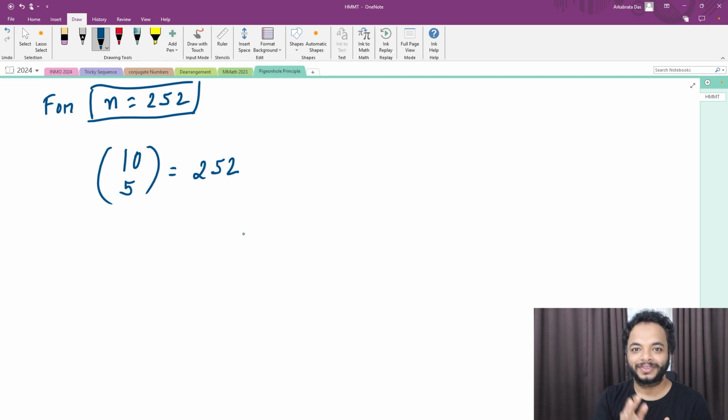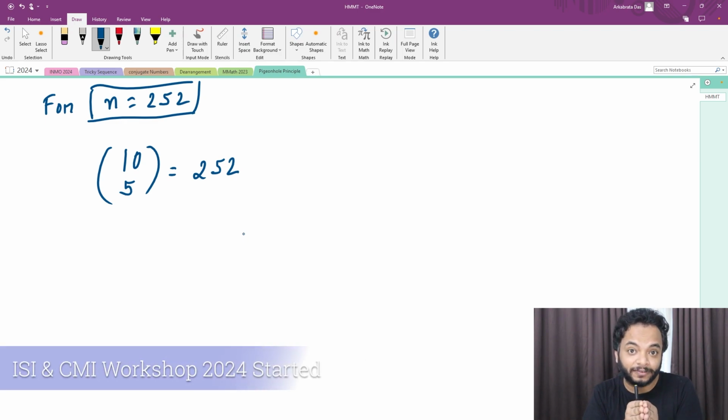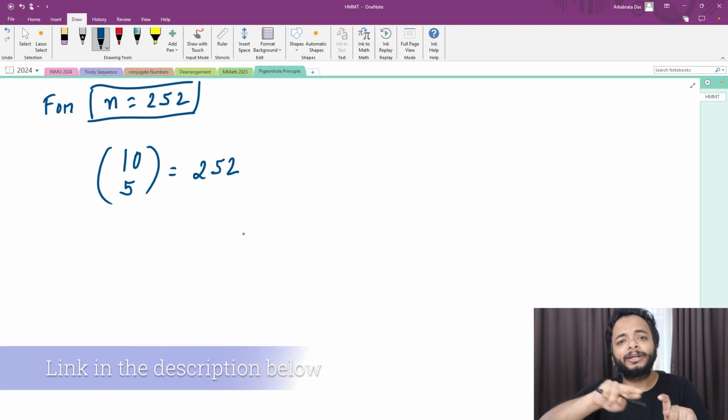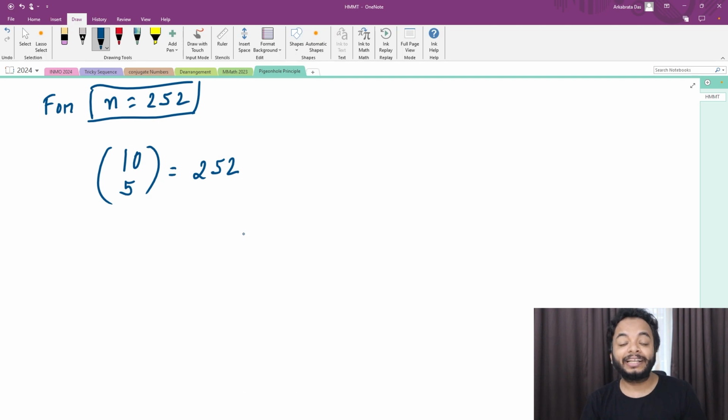Okay, so what does that mean? Every student is answering a set of 5 questions correctly, and no 2 students are answering the same 5 questions correctly. The intersection between 2 sets might have some similar questions, but all 5 questions will not be the same, because 10 choose 5 gives 252 different sets having 5 questions in them.